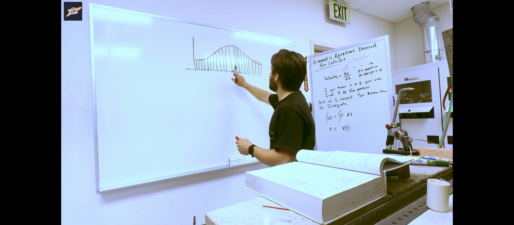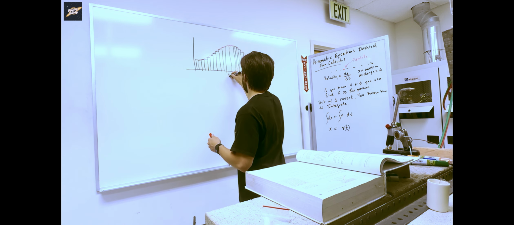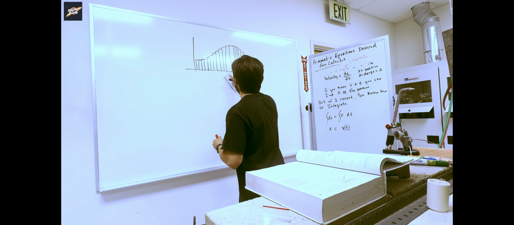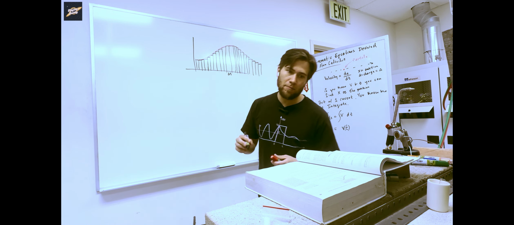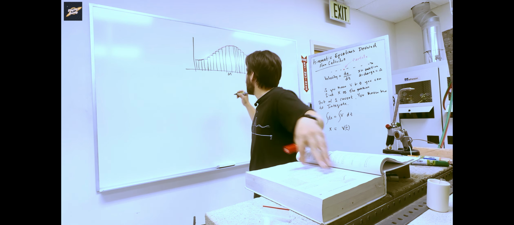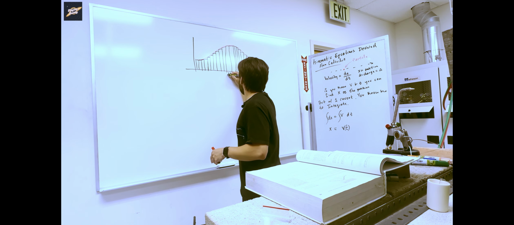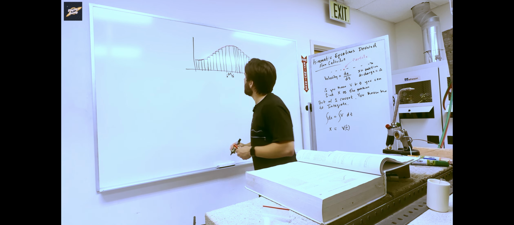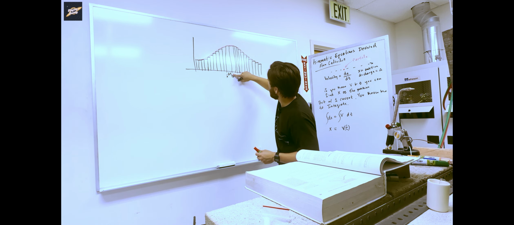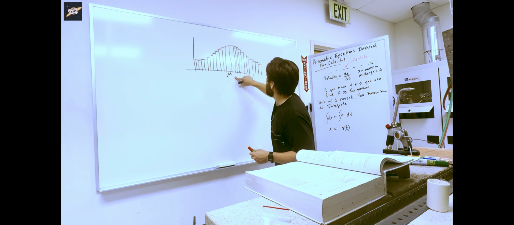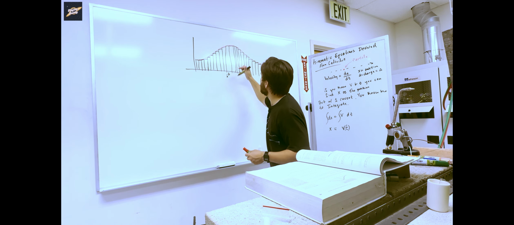So each one of these sections is delta t, and I believe they label it delta t sub n, right? This little section right here, let's draw that a little bit better. Let's make this a little bit smaller.